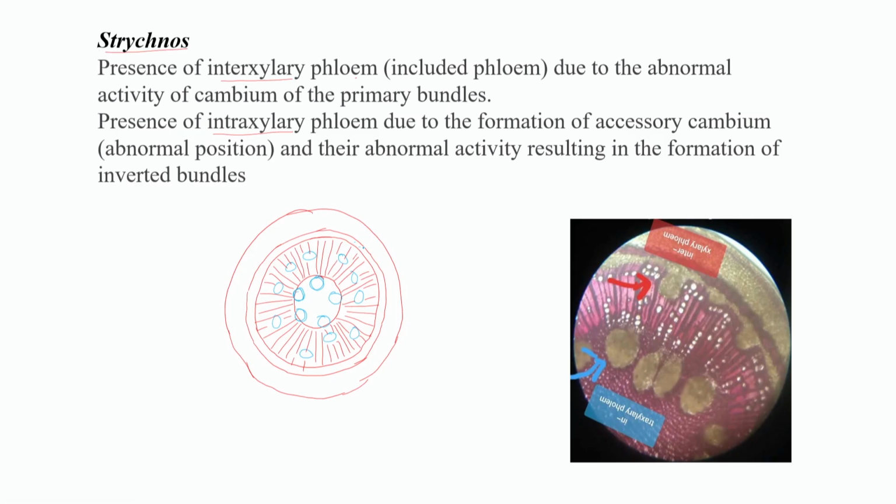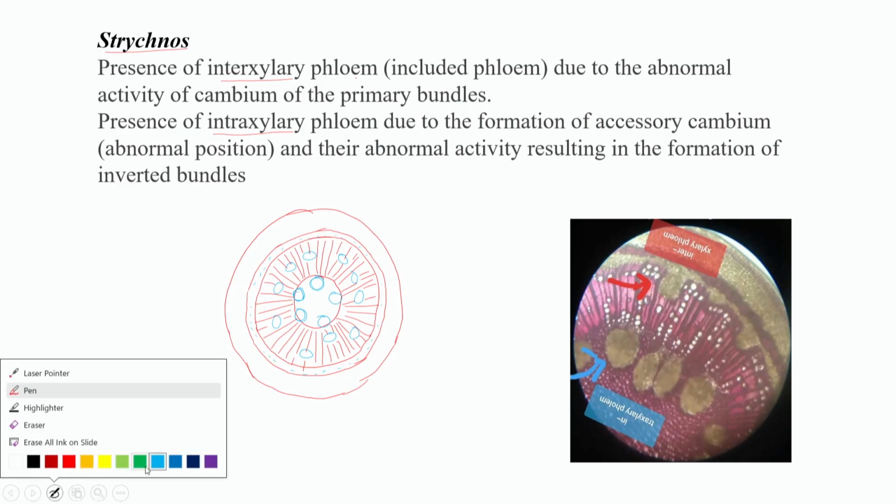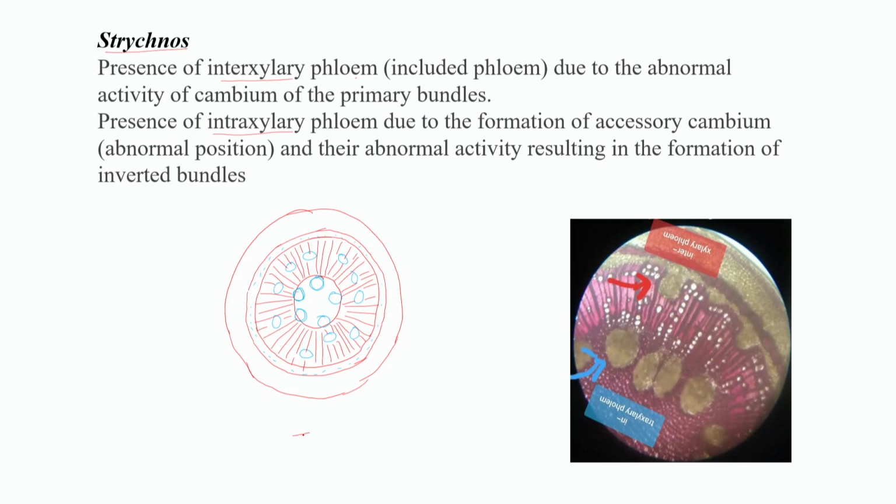So the outer side will be normal secondary phloem. So this is the normal TS of stem of Strychnos. Okay.